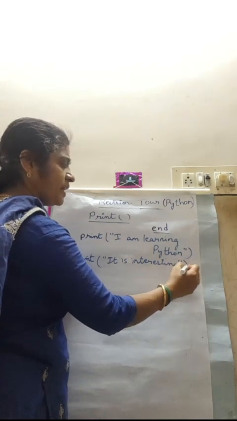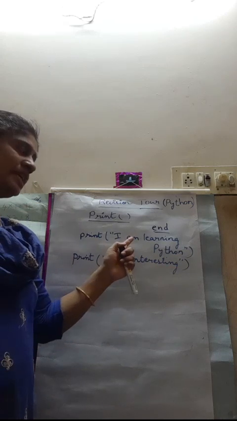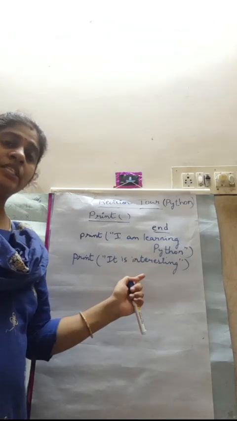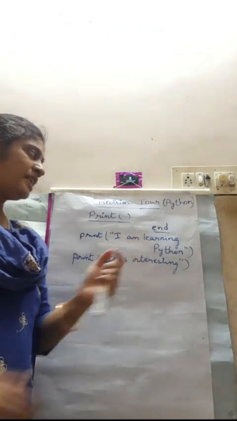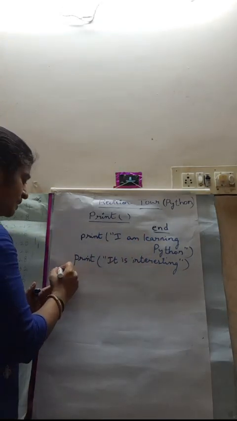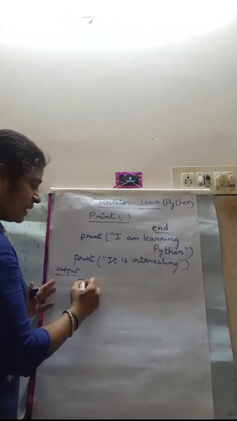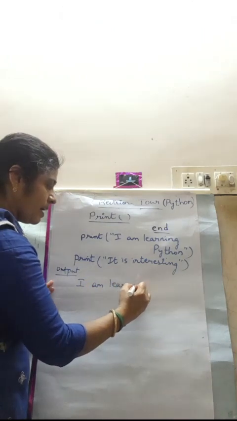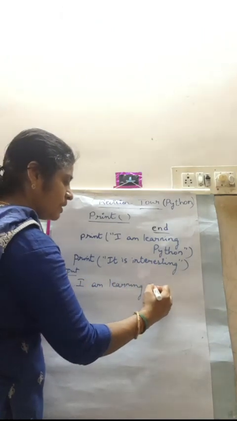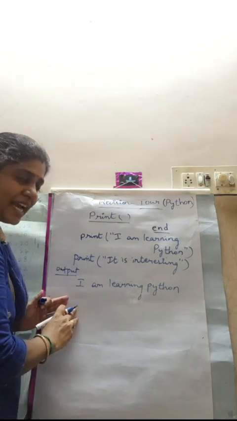So what will be the output? You will get these two messages on 2 different lines. First you get I am learning Python, and it will go to the second line.